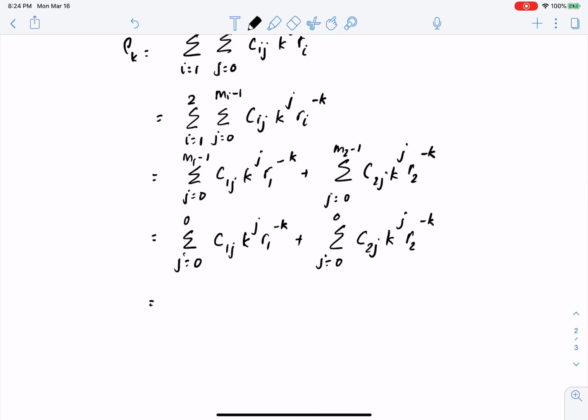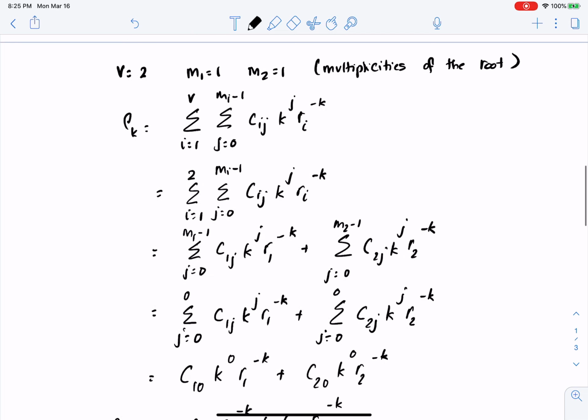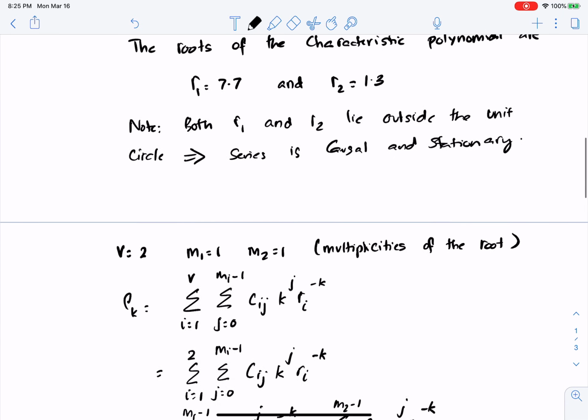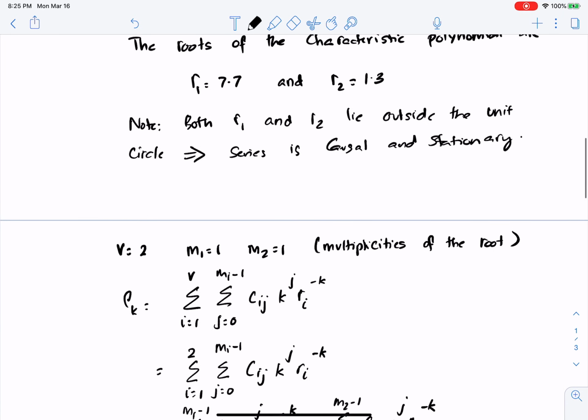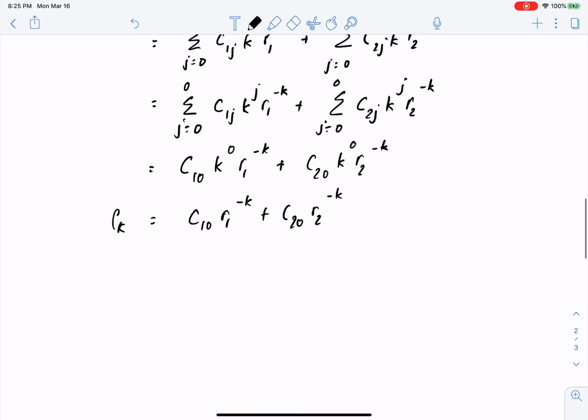And plugging in j, we have c_10, k raised to 0, r_1 raised to negative k, c_20, k raised to 0, r_2 raised to negative k, which would simply give us c_10 r_1 raised to negative k plus c_20 r_2 raised to negative k. And we have the values of R1 and R2: R1 is 7.7 and R2 is 1.3.